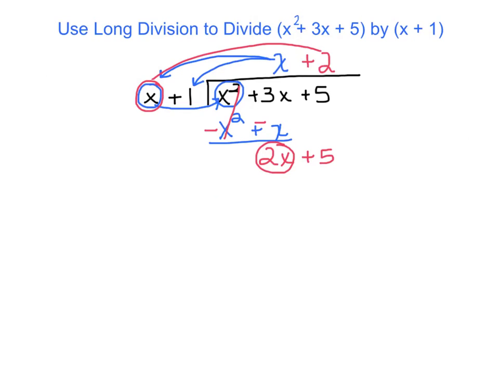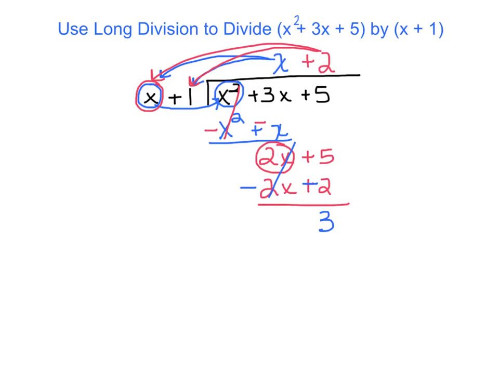Multiply it out. 2 times x is 2x. 2 times 1 is 2. But again, I'm subtracting, which will change both signs. 2x minus 2x cancels. 5 minus 2 is 3, and that would be my remainder.